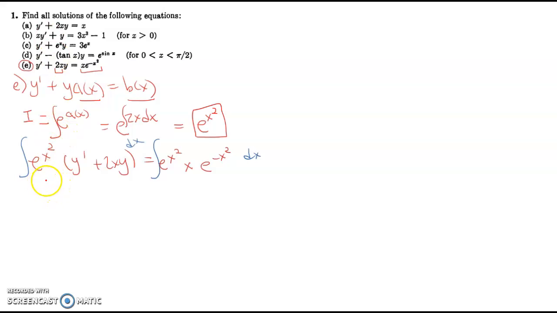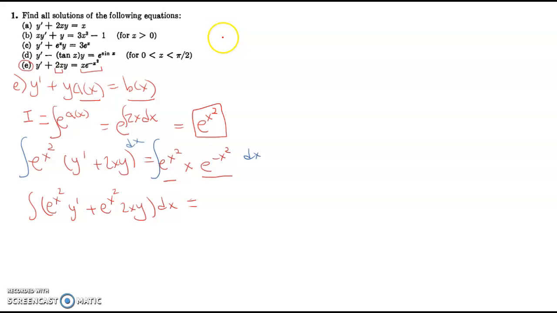I can distribute my left-hand side, so that's going to give us the integral of e to the power of x squared y prime plus e to the power of x squared 2xy dx. And my right-hand side, if you notice, has two parts.